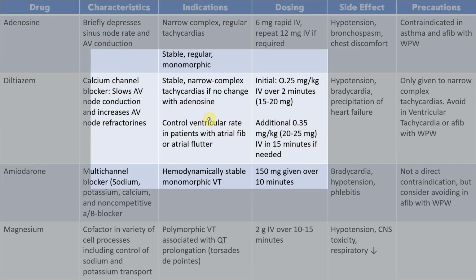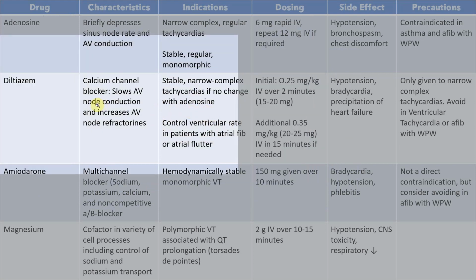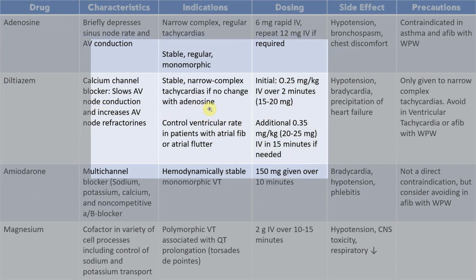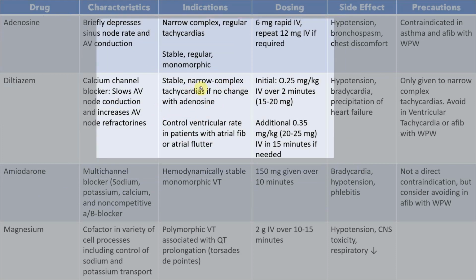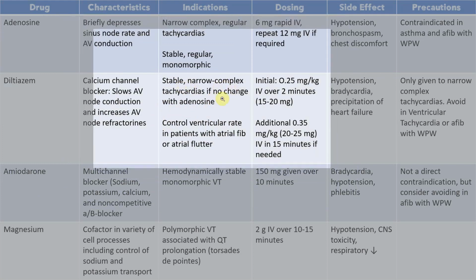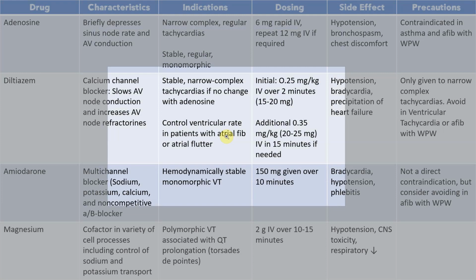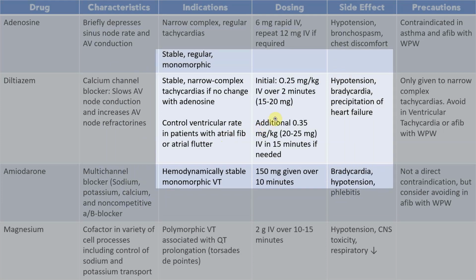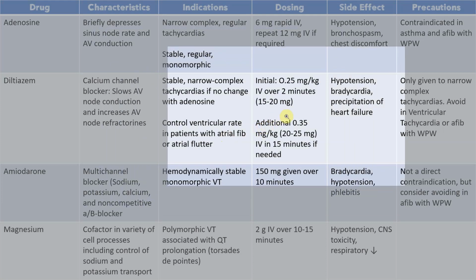Now, we don't have Cardizem listed to be used in stable, narrow, regular complex tachycardia, just atrial fib. This is the dose, and that is also the same dose as the protocols, I'm pretty sure.